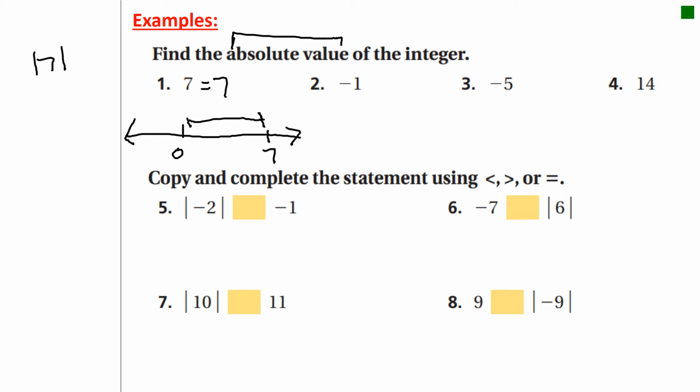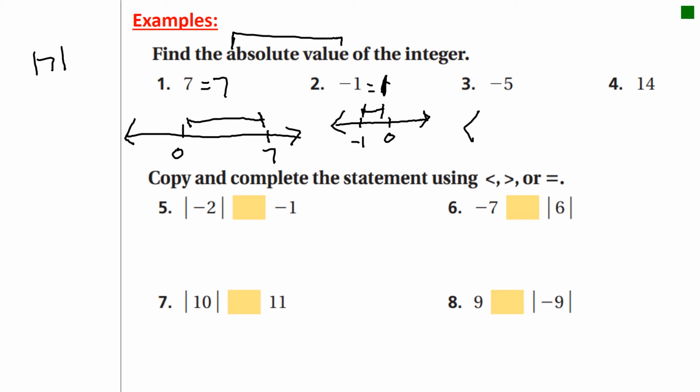2. Find the absolute value of -1. So what's the distance between 0 and -1 on the number line? The distance is 1. Okay, 3.